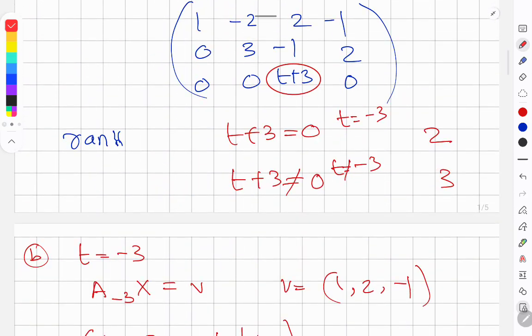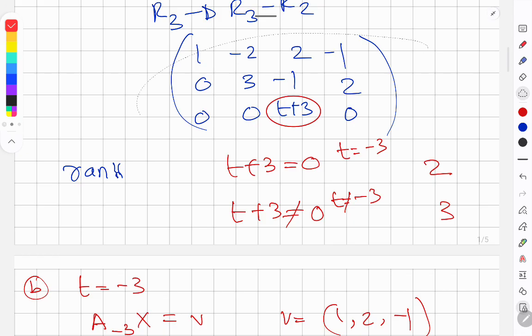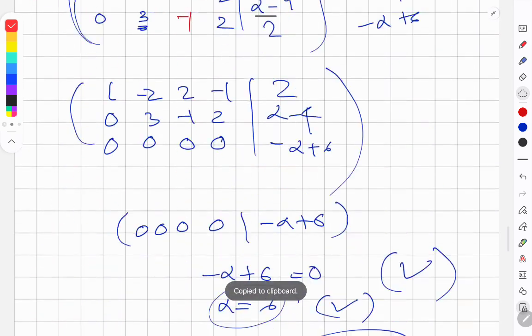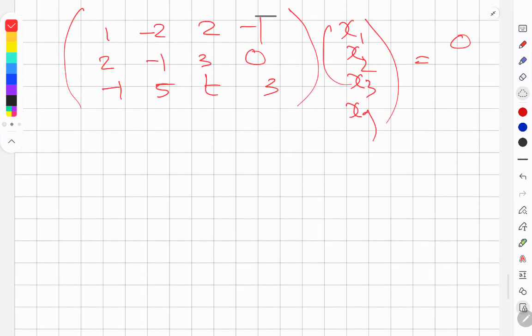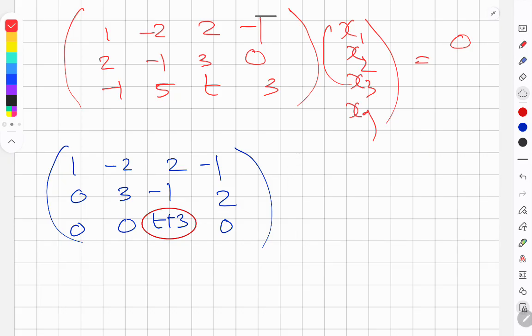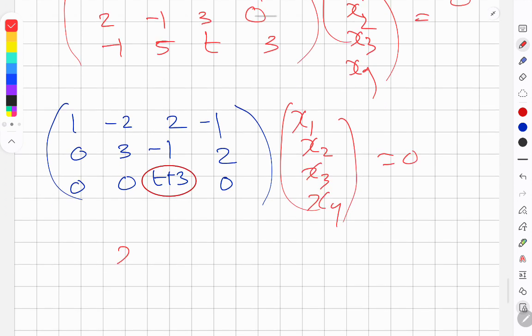So let me just copy and paste it from here. x1, x2, x3, x4 equal to 0. If I write the equation, x4 equals x4. This is the row echelon form.